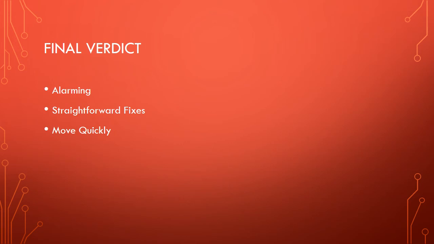So we should get to doing that as soon as possible to minimize any sort of risk that we could take. And it's such an easy fix for such a giant vulnerability that we have. So let's update our systems.